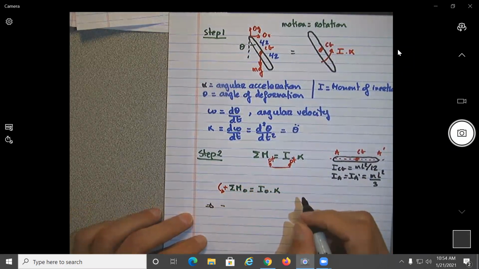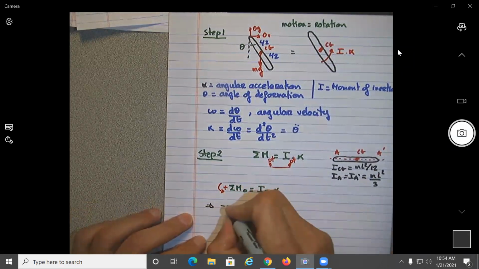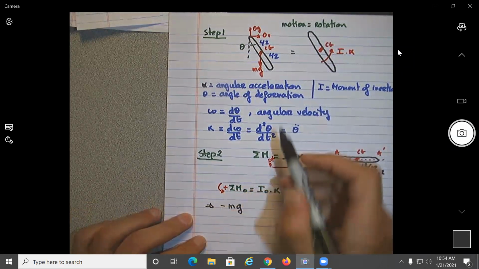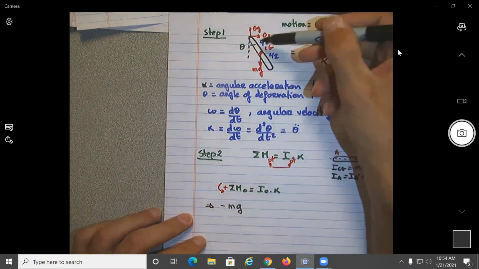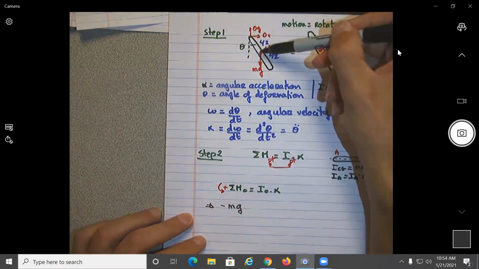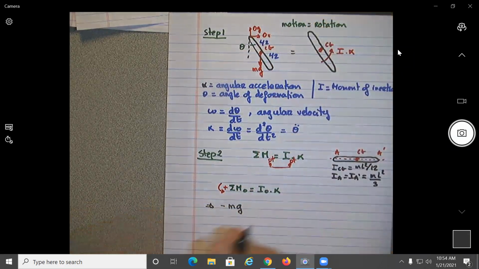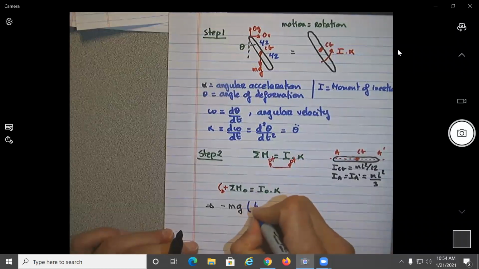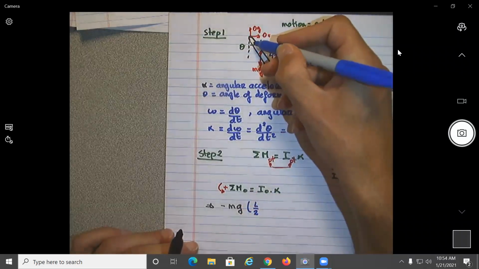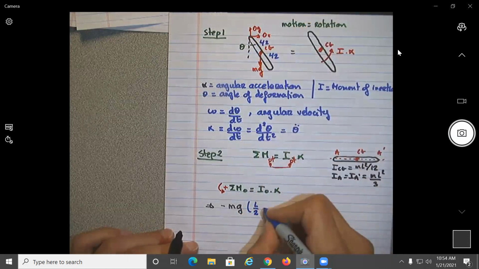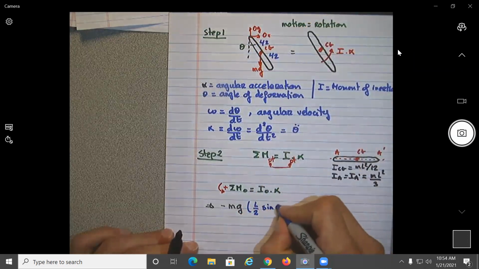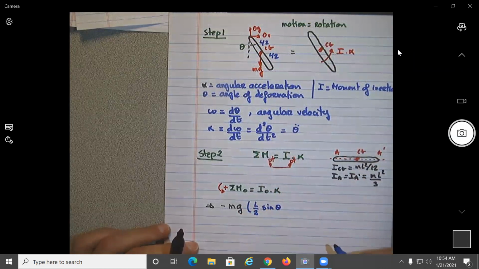You know moment is force times arm. So mg is the force. What would be the arm? The arm should be this horizontal distance. That horizontal distance would be equal to L over 2, and by trigonometry, sine theta.